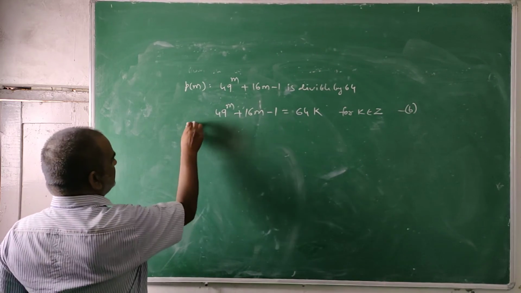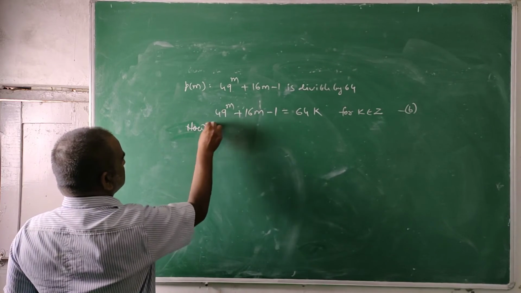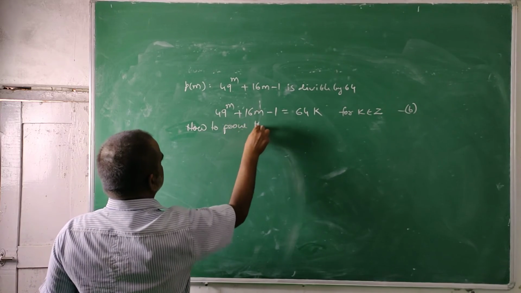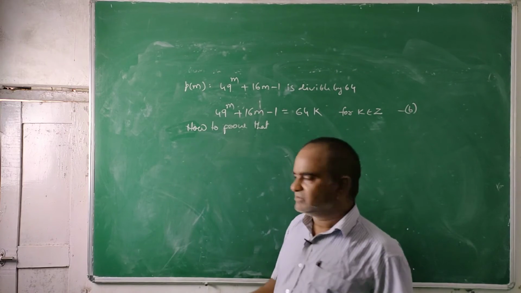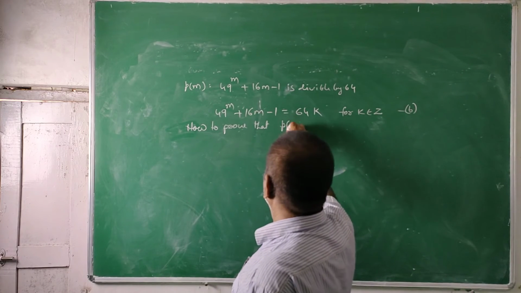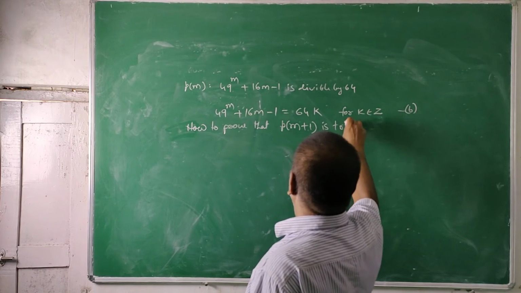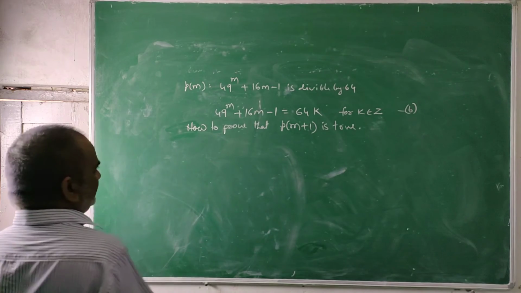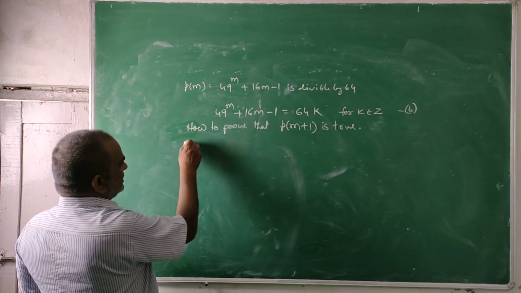Now to prove that P of m plus 1 is true, what is that P of m plus 1 which you are supposed to prove? I am writing it.